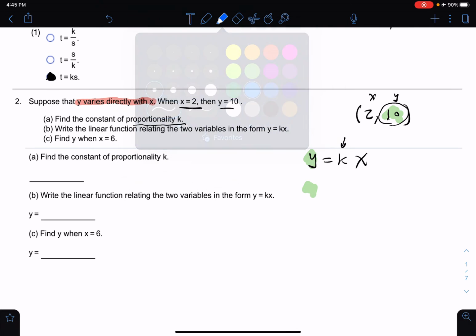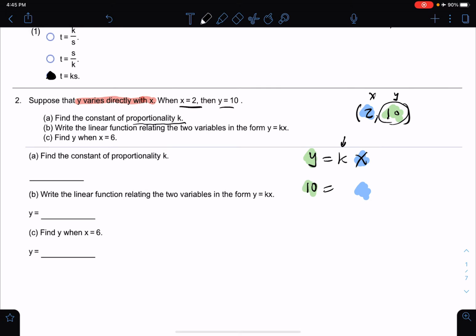And our x is our x value, which goes right there. And we have taken care of our variables. We still have a variable k, but that's what we're trying to figure out. So all we have to do is divide both sides by 2, and we get k equals 5.